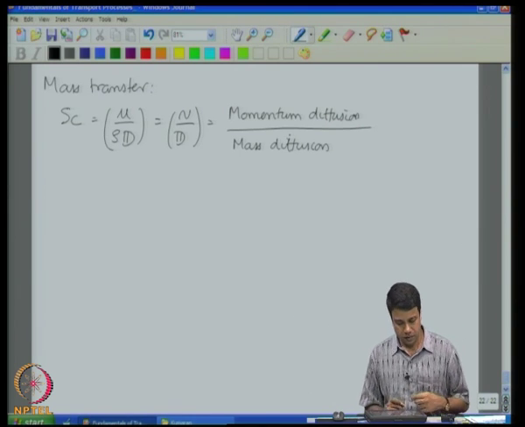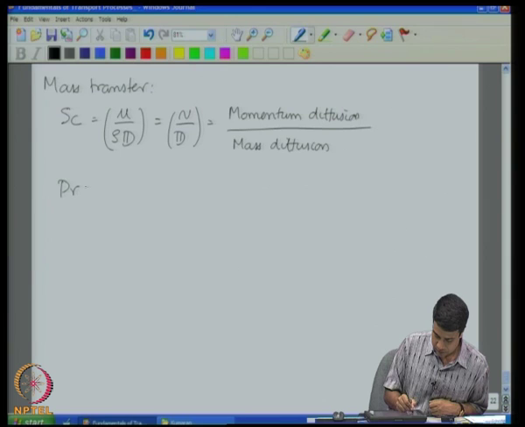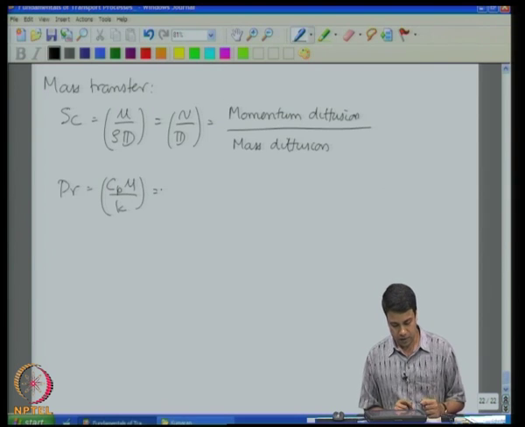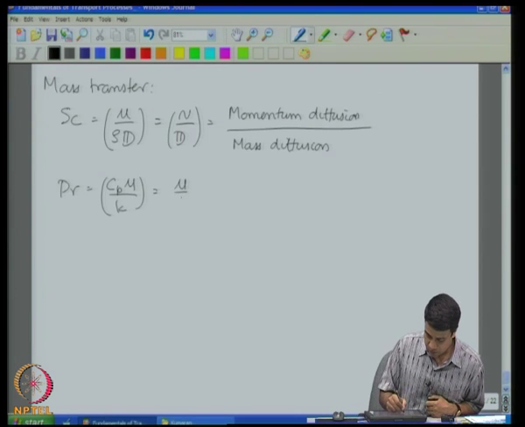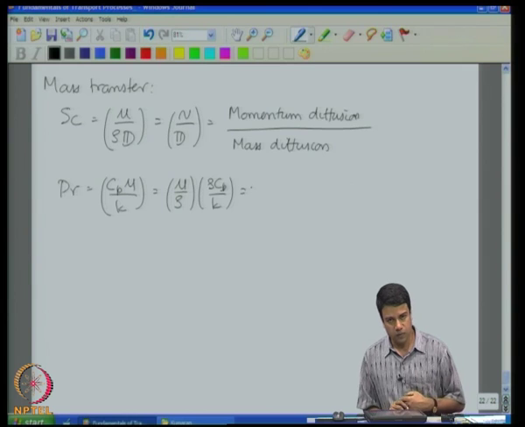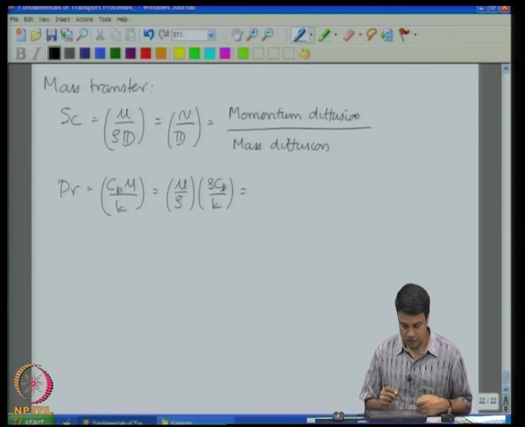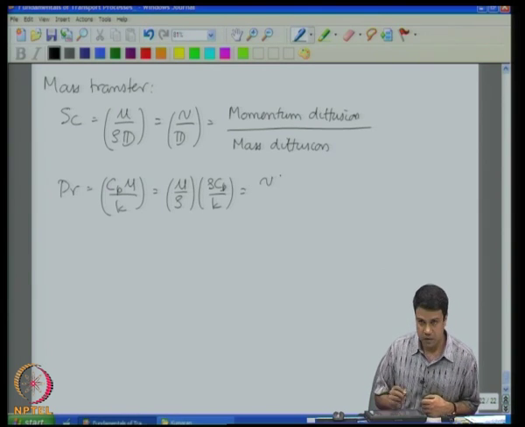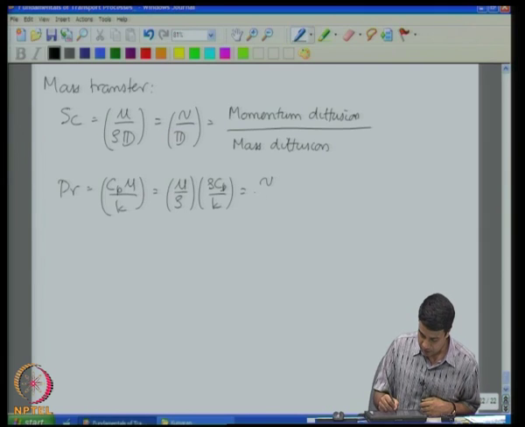The Prandtl number, Cp mu by k. I can write this as mu by rho times rho Cp by K. Mu by rho is the kinematic viscosity, nu, the momentum diffusivity, and K by rho Cp is the thermal diffusivity, alpha.